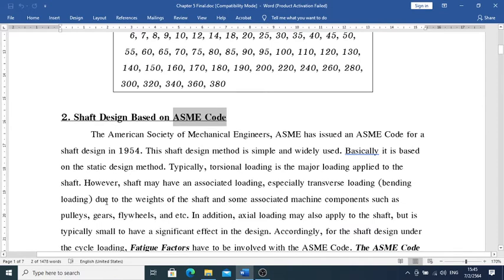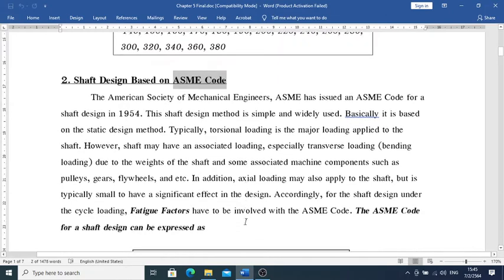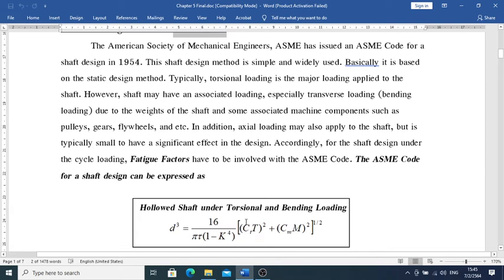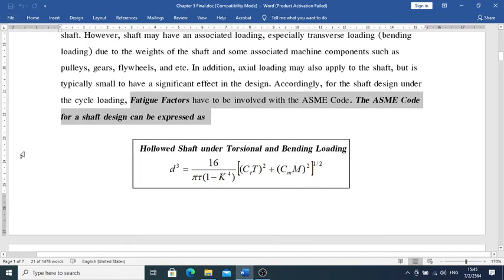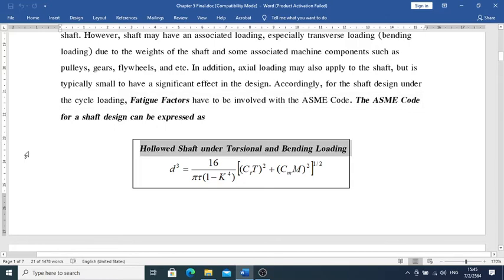The shaft is basically subjected to torque and bending. So the ASME realized the necessity and issued the fatigue factors in its own design. It issued only one single equation that can be applied to both the hollow shaft and the solid shaft.